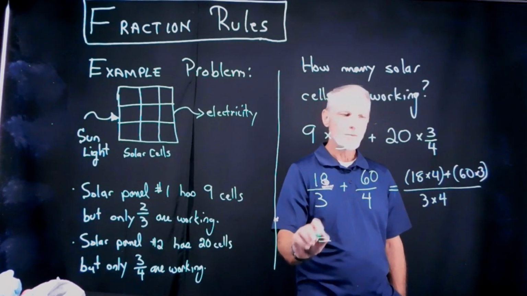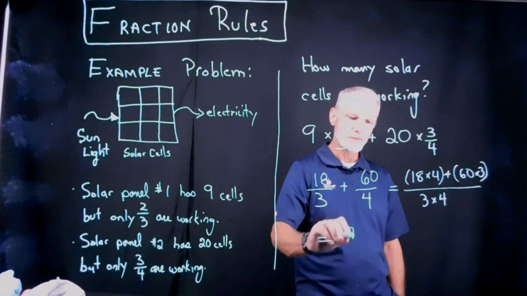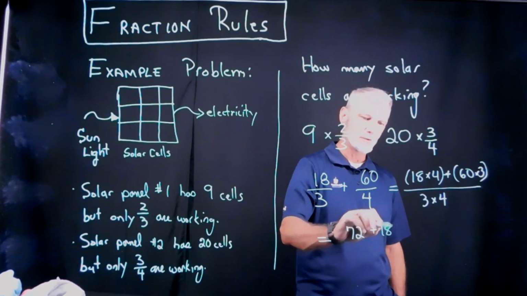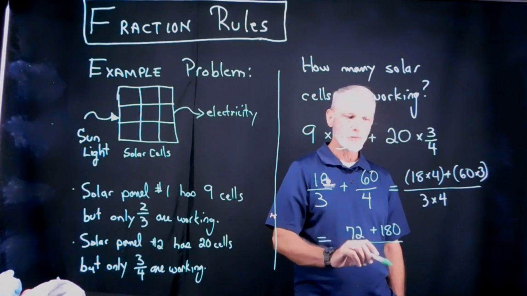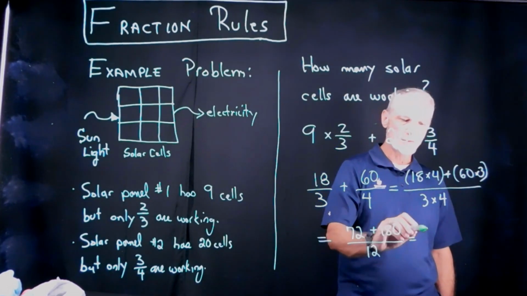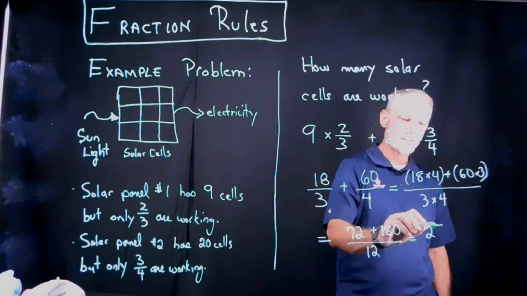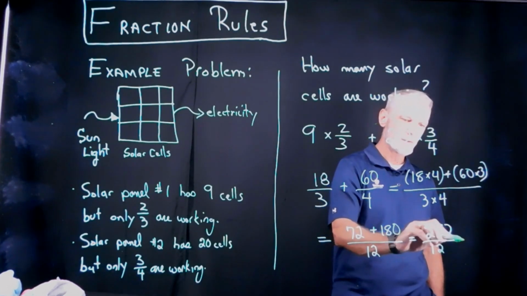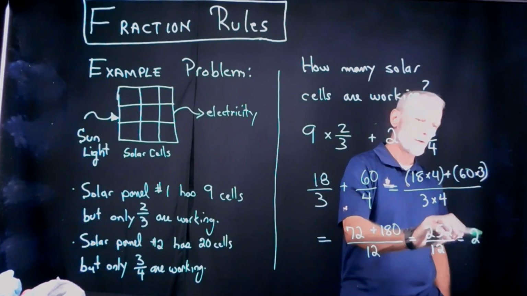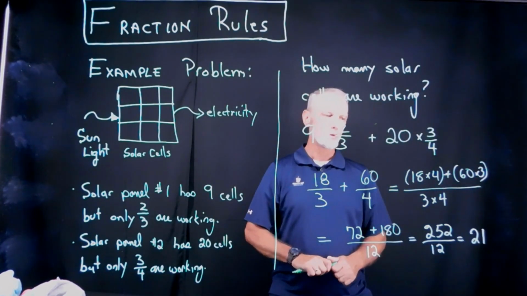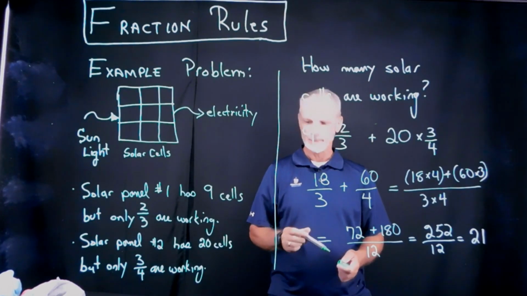Doing the arithmetic, we get 18 times 4, which is 72, plus 60 times 3, which is 180, over 3 times 4, which is 12, which gives us a grand total of 252 divided by 12, which is equal to 21. So 21 solar cells out of all of those solar cells are actually working.